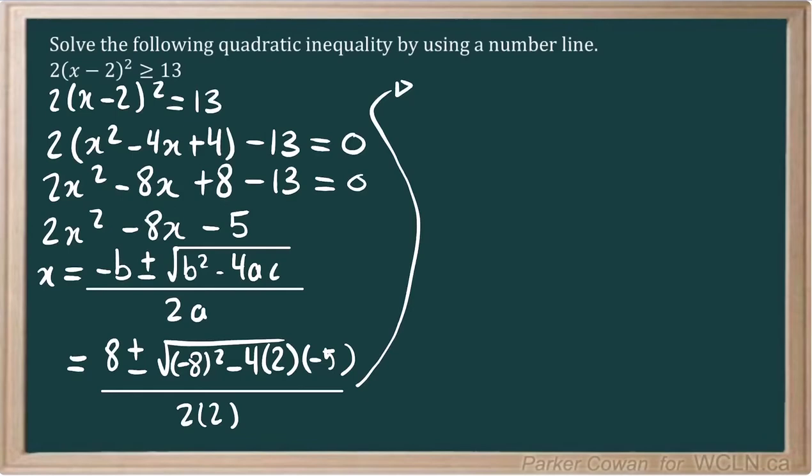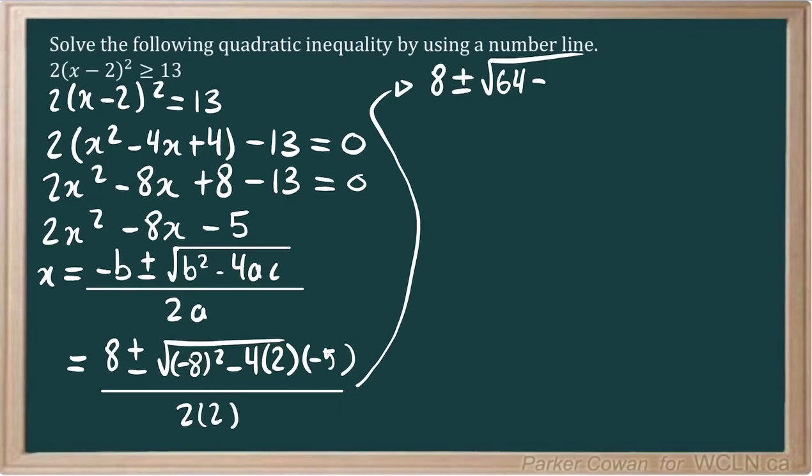All right, so now we can go ahead and simplify this down. So we're going to have 8 plus or minus, and then we have negative 8 squared, which is positive 64, minus 4ac, which is 4 times 2 times negative 5.